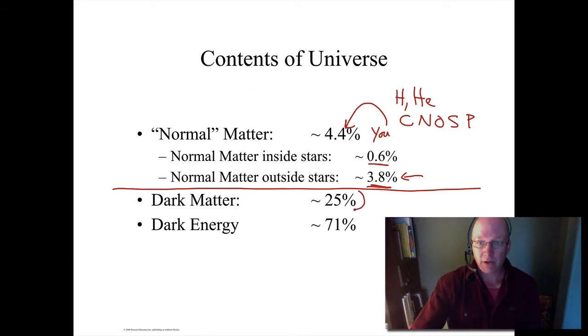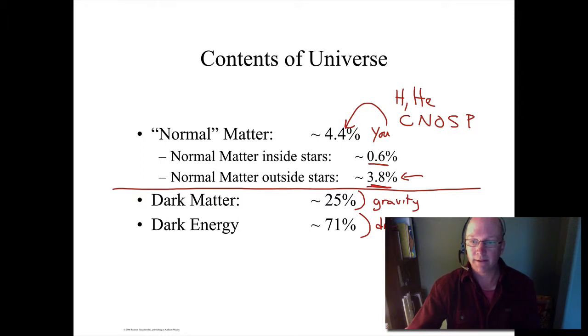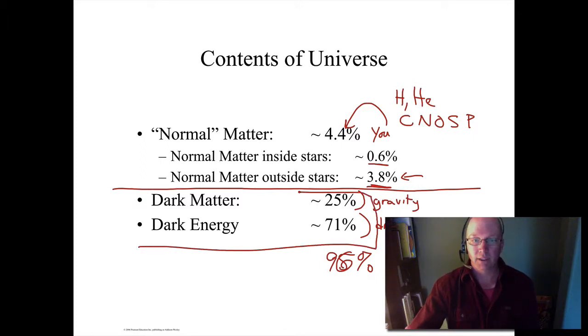25% of the remainder of the universe is dark matter, which is stuff we can't see but is influenced by gravity, so we can detect it via gravity. And then 71% of the universe is this dark energy, which is driving the universal expansion, which means that roughly, something like 95%, 96% of the universe is stuff that we can only see indirectly.